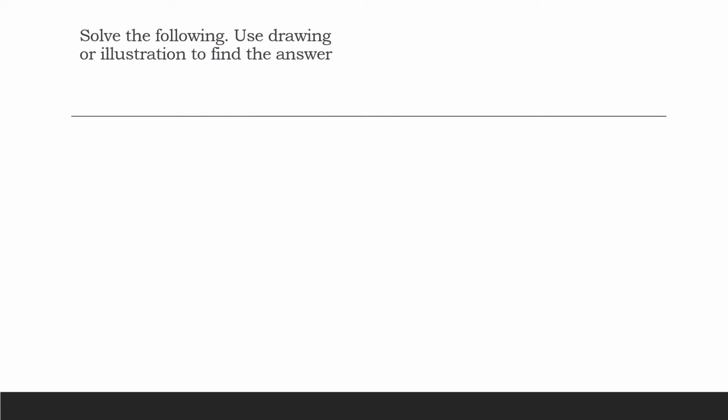Let us use a drawing or illustration to find the answer. We are given 1 plus 0.38 equals n. To represent our 1 whole, siyempre, lahat ng parts ay shaded. Then, we have 0.38.